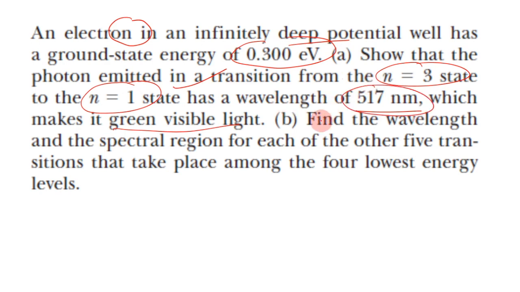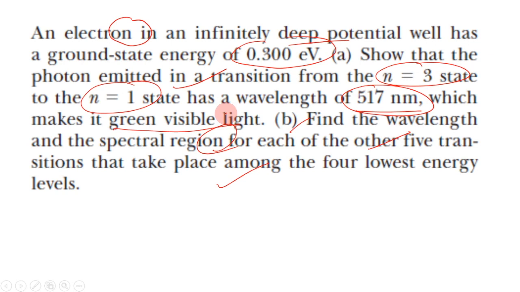So we have to prove that this is our lambda. And B is to find the wavelength and spectral region for each of the 5 transitions that take place among the 4 lowest energy levels. First of all, we have to show the photon emitted in a transition from n is equal to 3 to n is equal to 2.